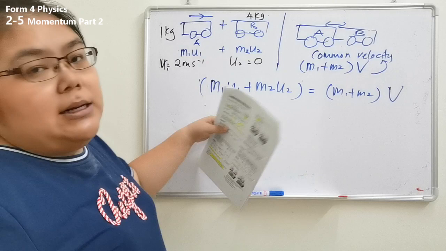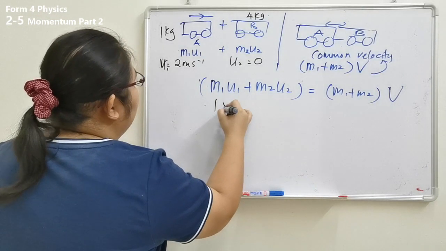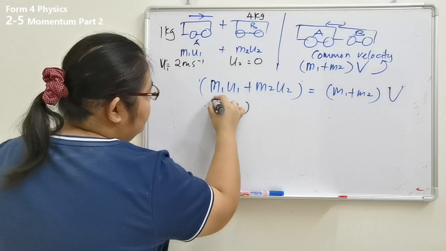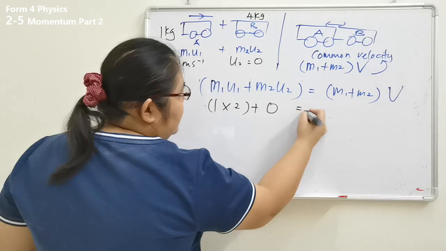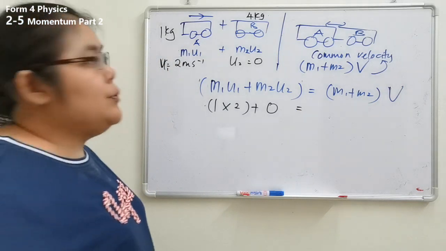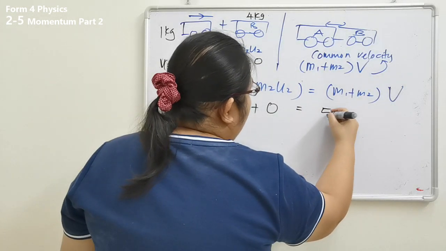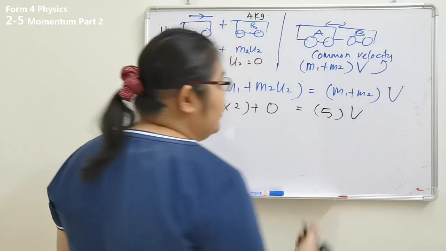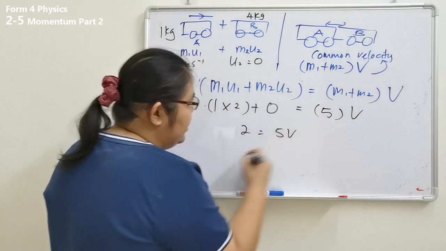So from here we need to apply the formula. M1, 1 kg, multiplied with U1, 2, plus 0, equals M1 plus M2. So M1 is 1 kg, this one 4 kg, 5. Now V. So this one is a 2, then you have 5V. Now V is how many?